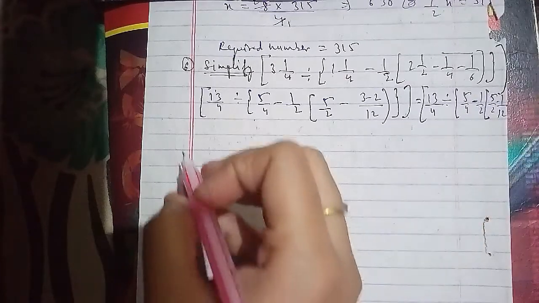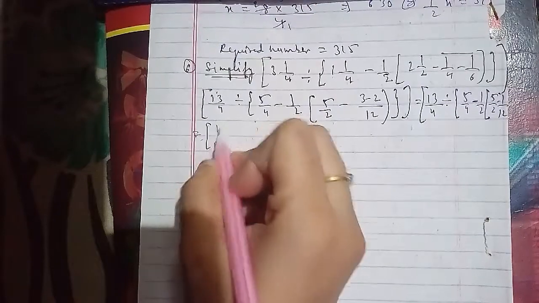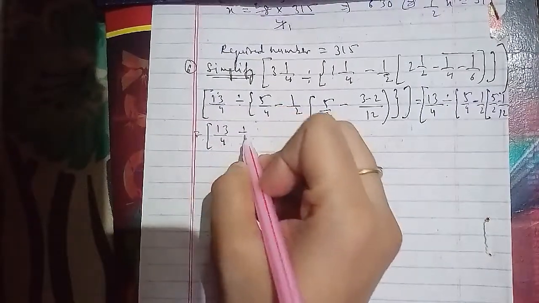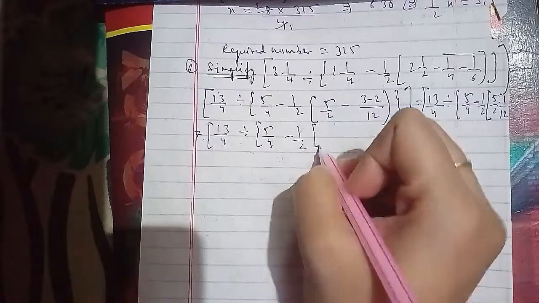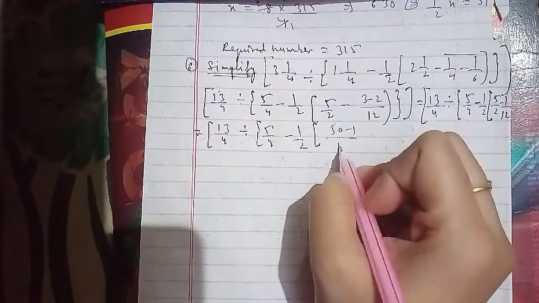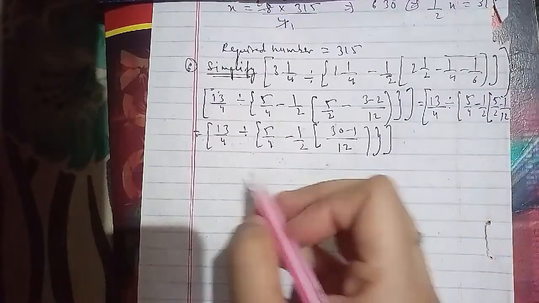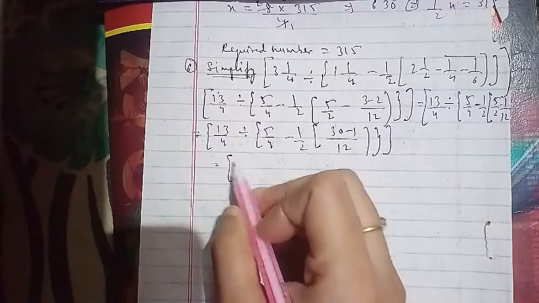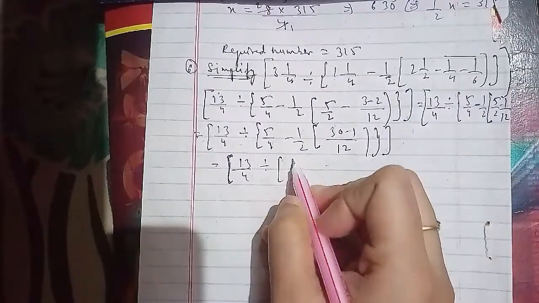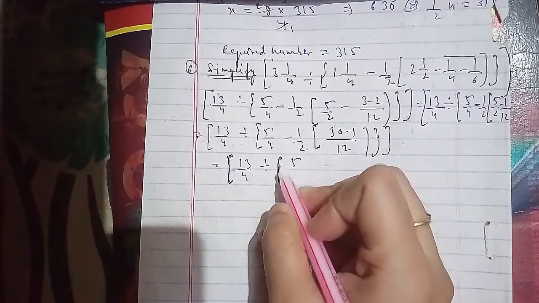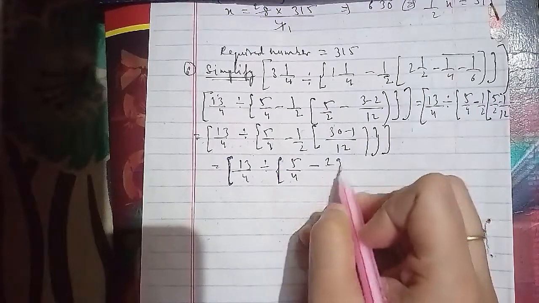Then further we have 13 by 4 divided by 5 by 4 minus 1 by 2, 30 minus 1 upon 12, which is equal to 13 upon 4 divided by 5 upon 4 minus 29 upon 24.